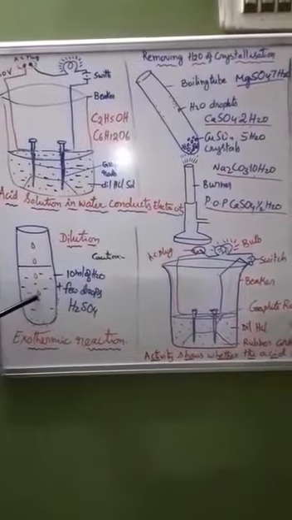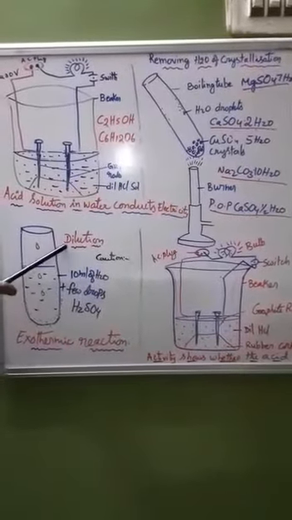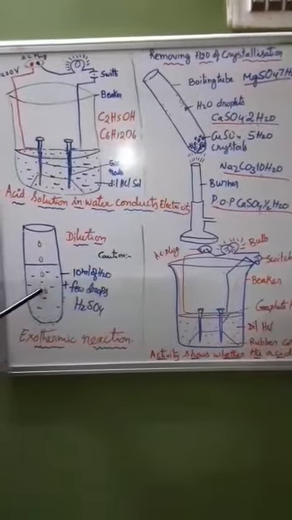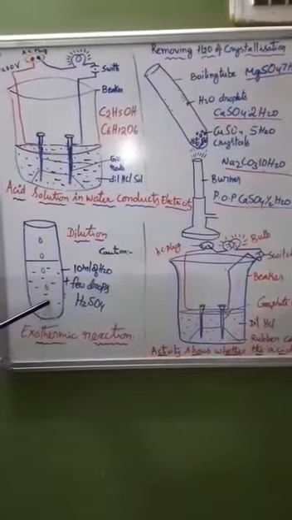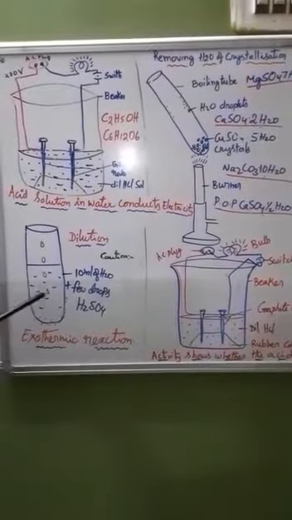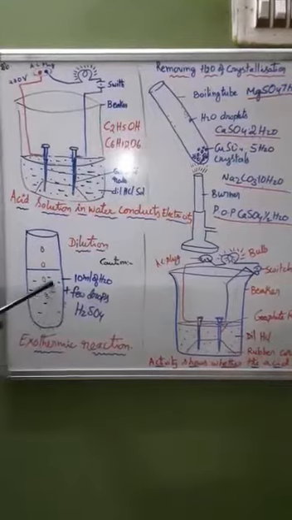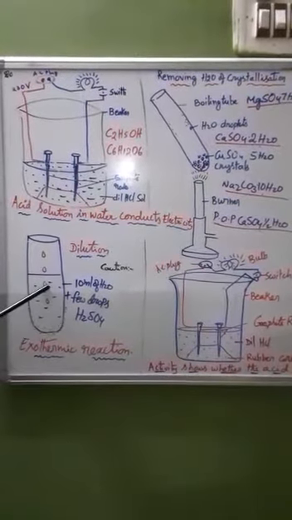So at the time of dilution of any acid, the acid must be added dropwise to the given quantity of water and stirred continuously. The heat liberated will be uniformly distributed in the solution.